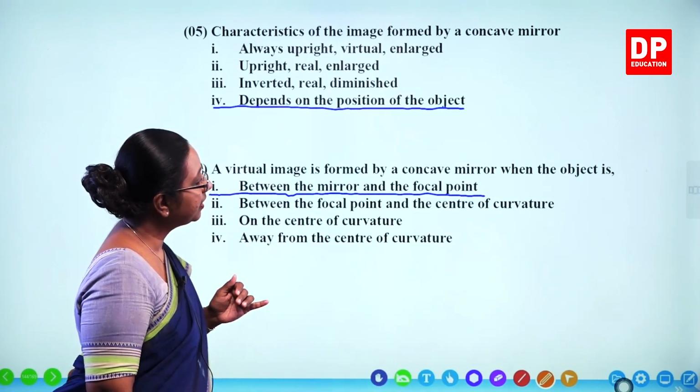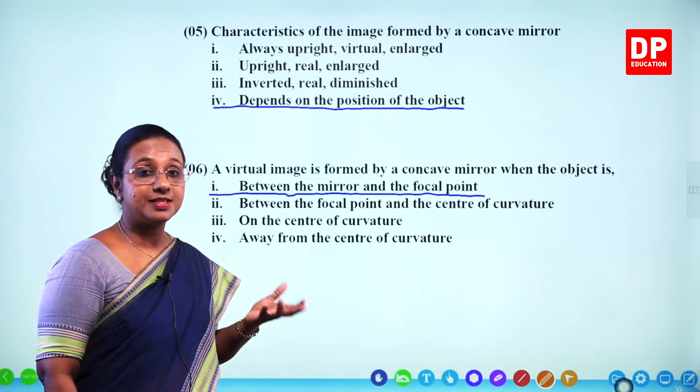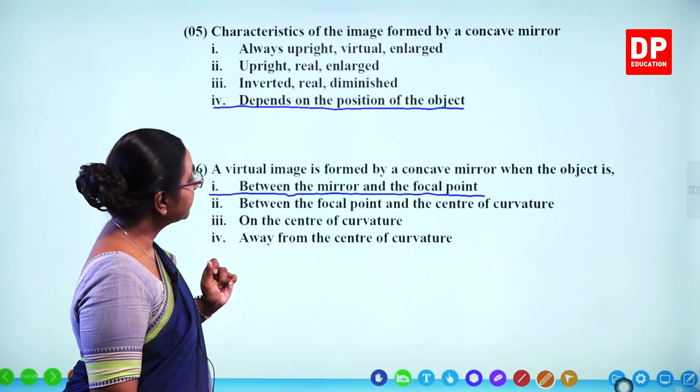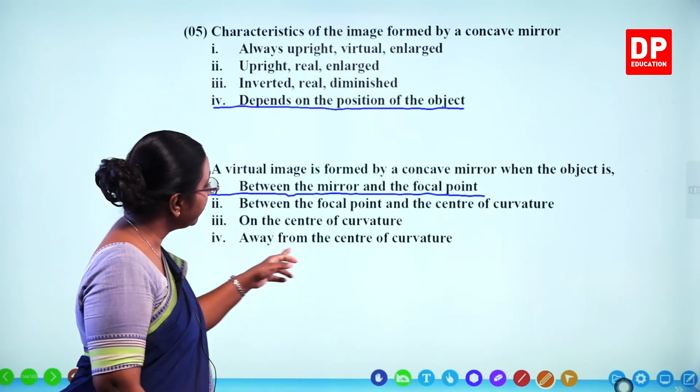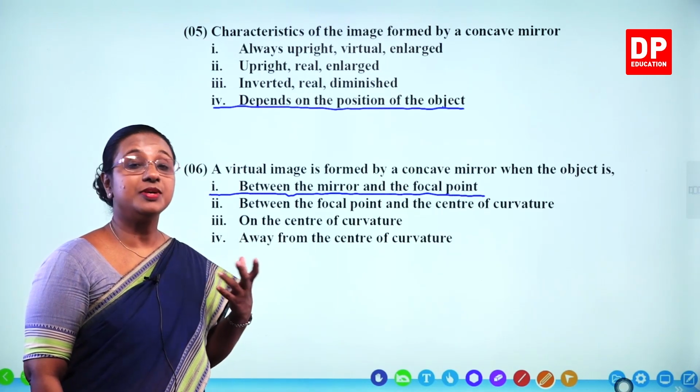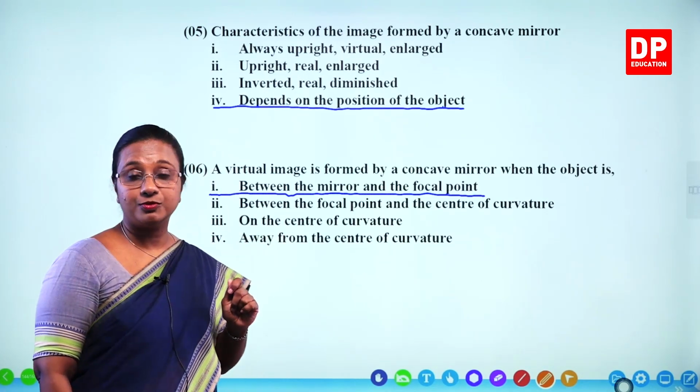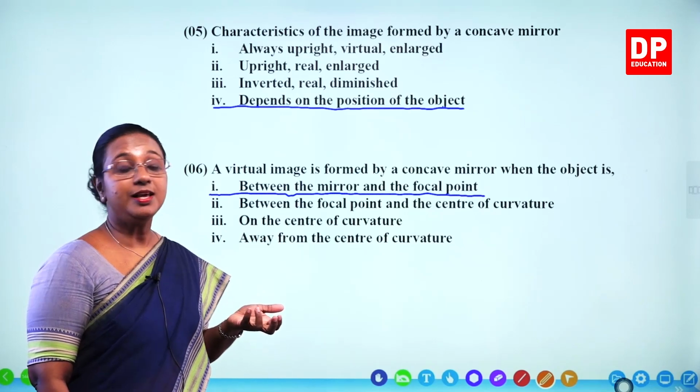Between the focal point and the center of curvature, it's a real image. And also on the center of curvature, that's also real. Away from the center of curvature also, it's a real image. So only when it is between the mirror and focal point, it's a virtual image.